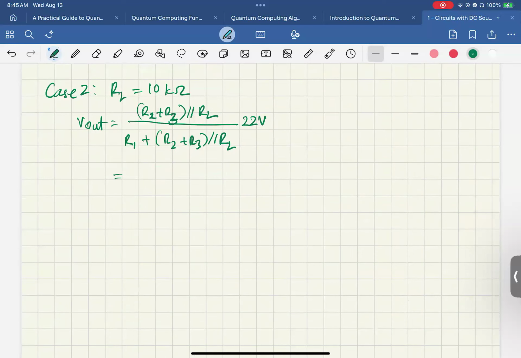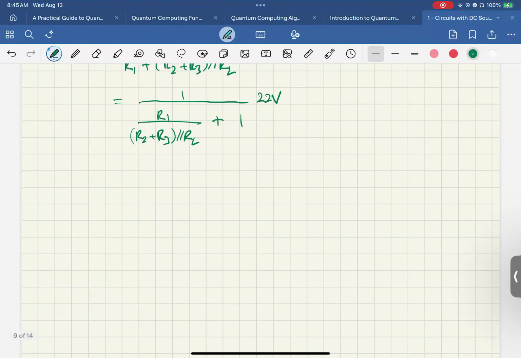So gusto natin mas madaling gamitin sa calculator, ayaw natin na diretso na I-gamitin lang yung equation na to ng basta-basta. Gusto natin na efficient tayo sa paggamit ng calculator. So we can write this as 1 over R1 over R2 plus R3 parallel sa RL plus 1 times 22 volts.